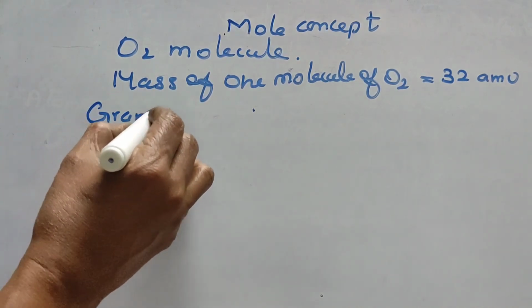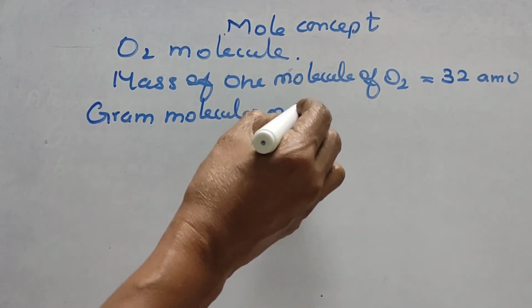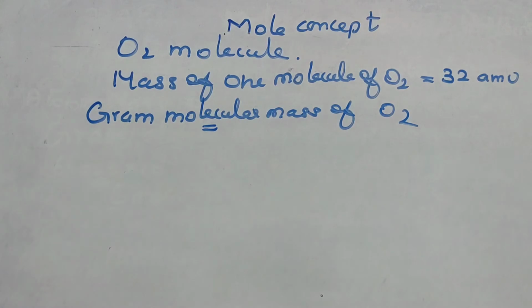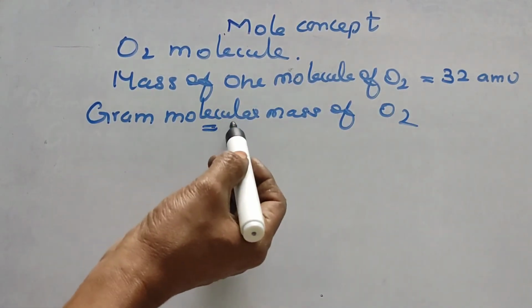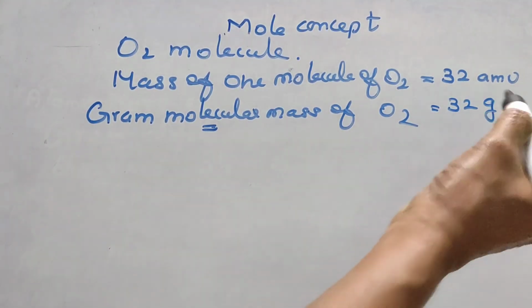Here we use gram molecular mass, whereas gram atomic mass was 16. Gram molecular mass of oxygen is 32 gram.